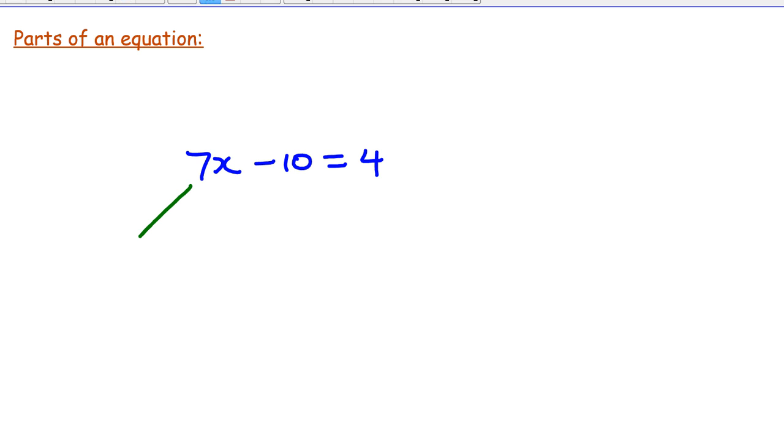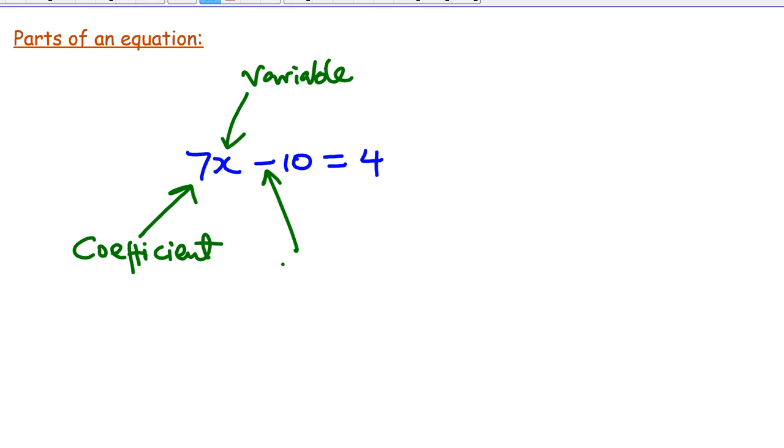7 here is called a coefficient. x here is called a variable, which I already talked about. The minus here is called an operation.